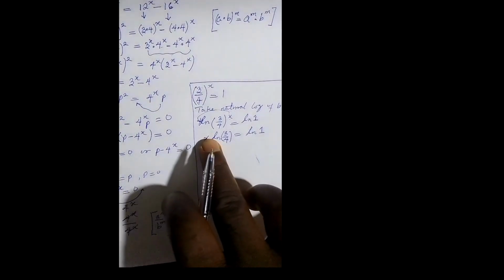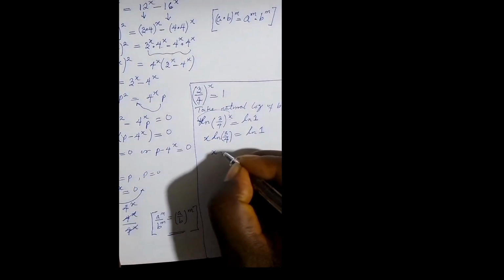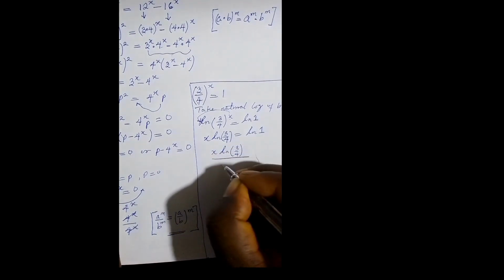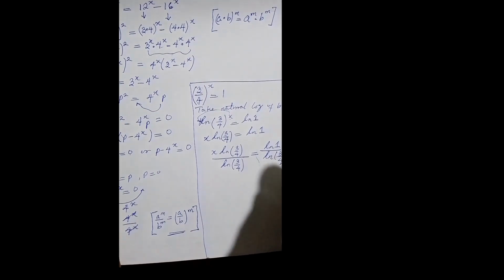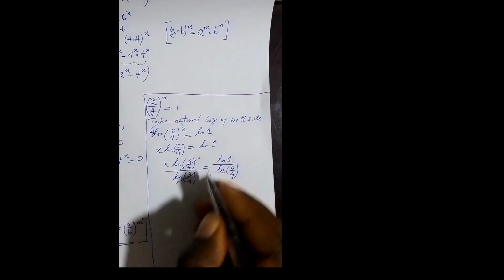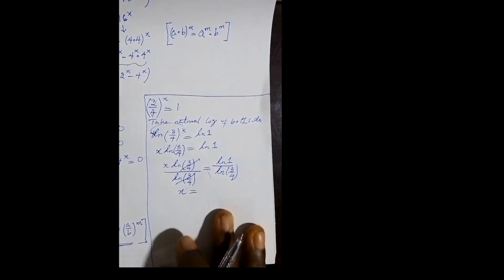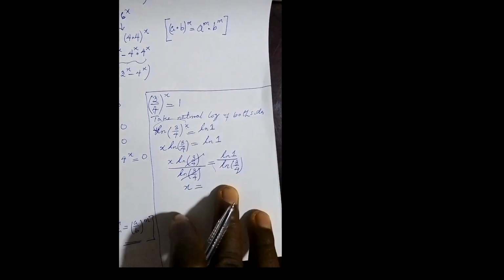From here, what we need to do now is to divide both sides by natural log of 3 over 4. So we have natural log of 1 divided by natural log of 3 over 4. On the left we have x. We know that the natural log of 1 is 0.